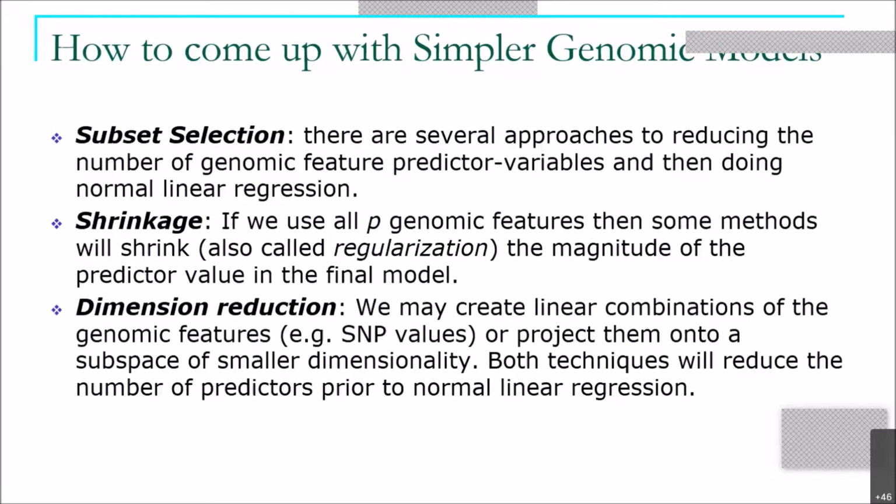And then a related technique is dimension reduction, where we're creating linear combinations of genomic features and going to a subspace of smaller dimensionality. And the classic example of this is principal components analysis. And I won't be using principal components analysis. Today I'll be talking about subset selection and shrinkage.